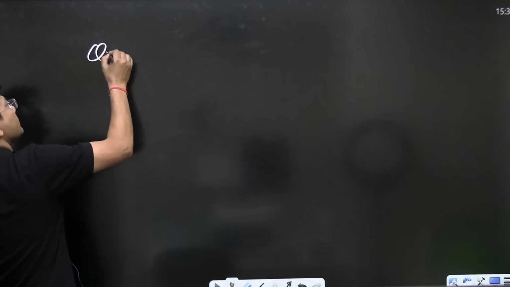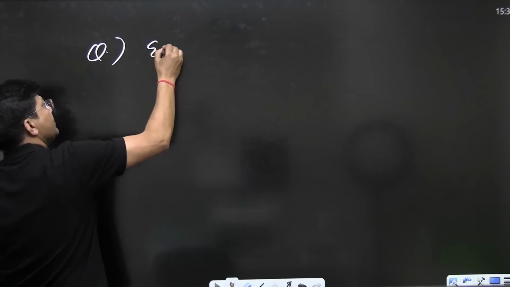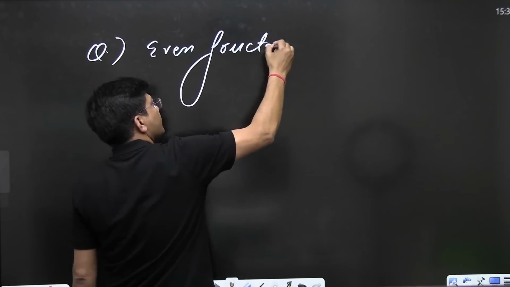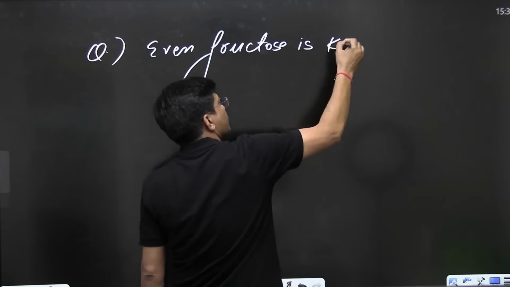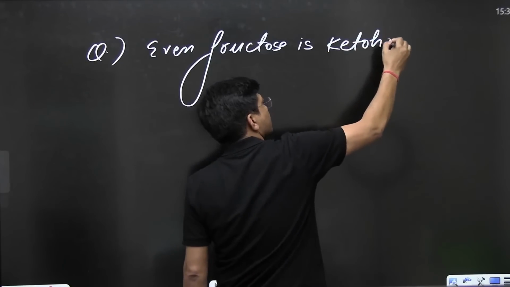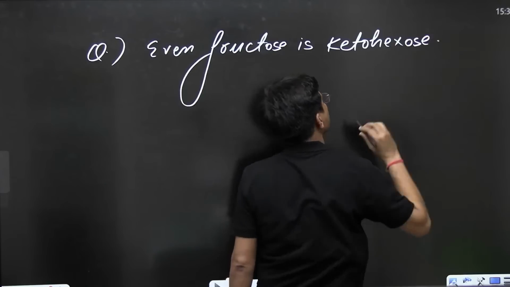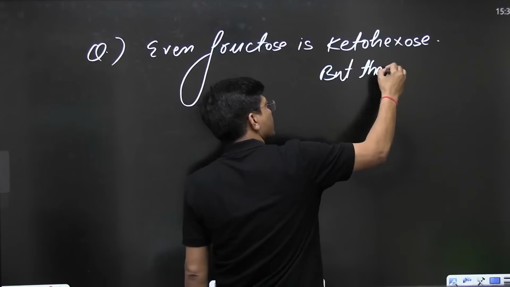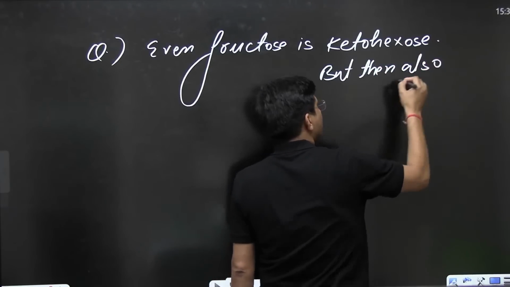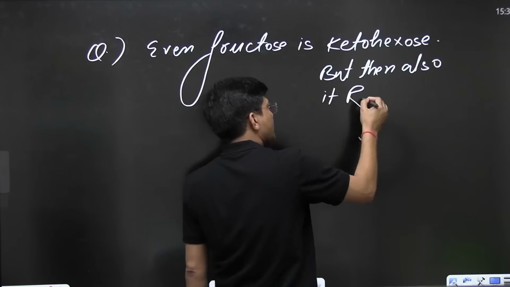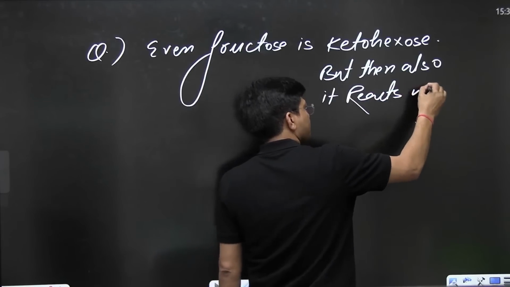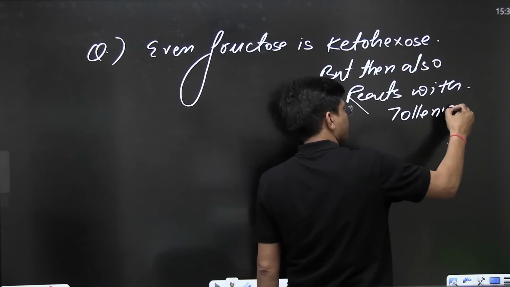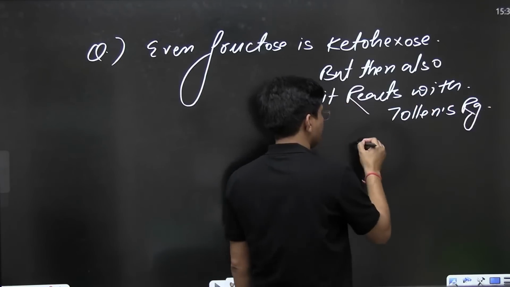Brilliant question. Even though fructose is a ketohexose, then also it reacts with Tollens reagent and Fehling solution.